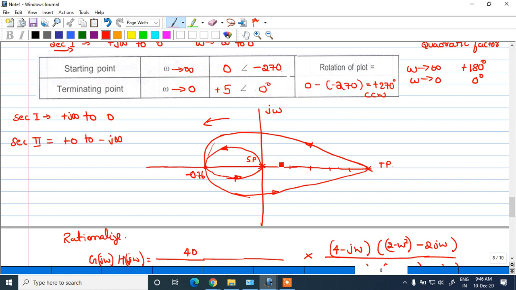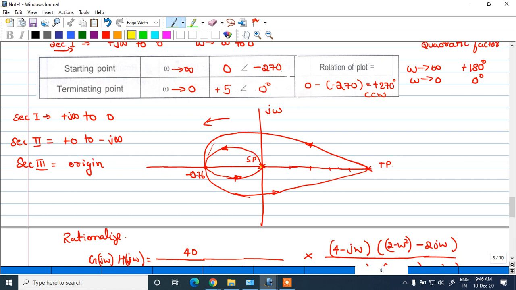So here, and section 3 is the origin, that is this particular point. So the starting point and terminating point for section 3 is the same. So sections 1 and 2 are mirror images. You can see I will just highlight the section.